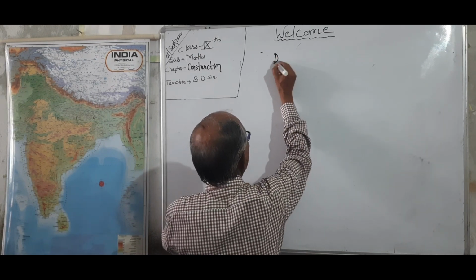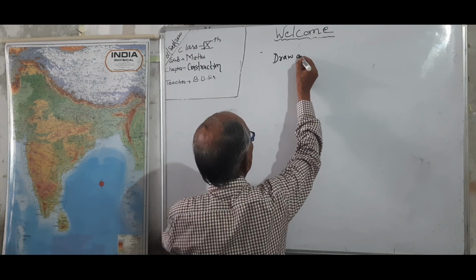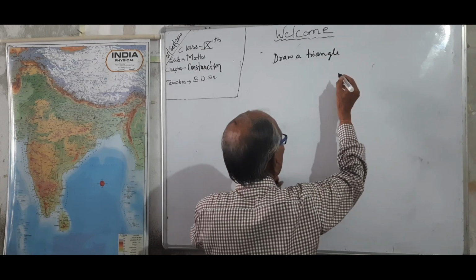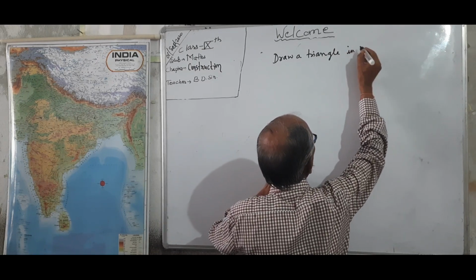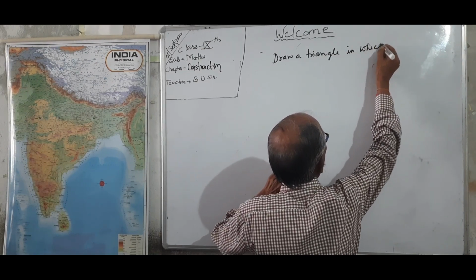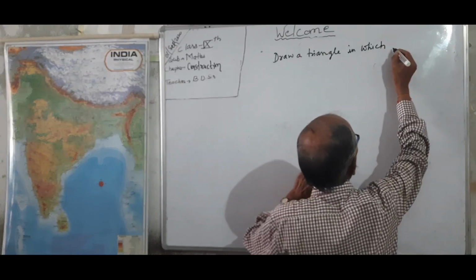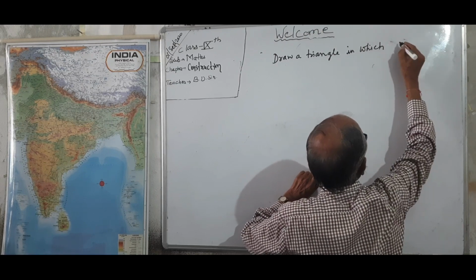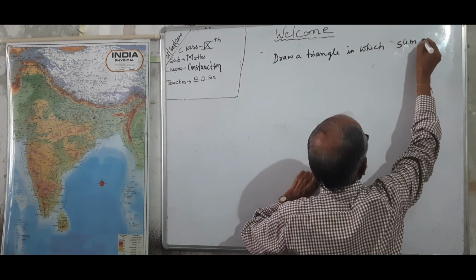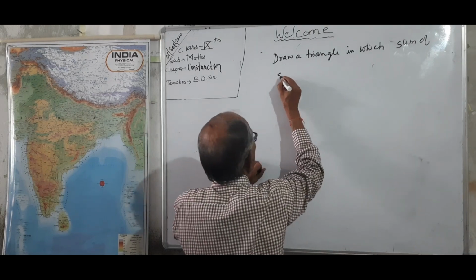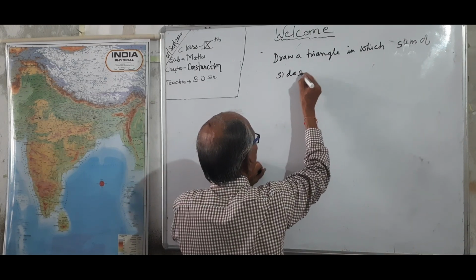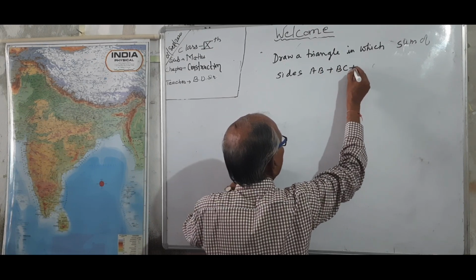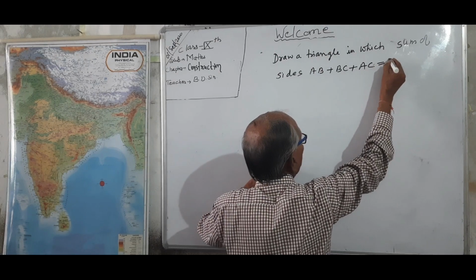Draw a triangle in which the sum of the three sides AB plus BC plus AC is equal to 12 centimeter.